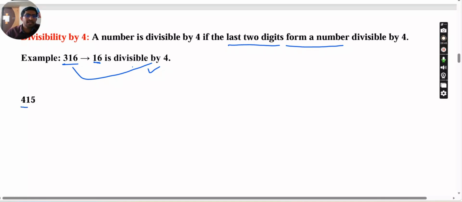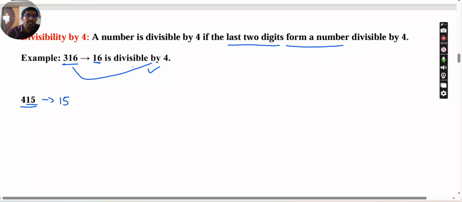So the next example we have taken is, what can we say, a wrong example. For each and every divisibility rule I have taken these types of examples so we can understand which numbers are divisible by that particular digit and which are not. So the next number is 415. From the last two digits, which number is formed here? It is 15.